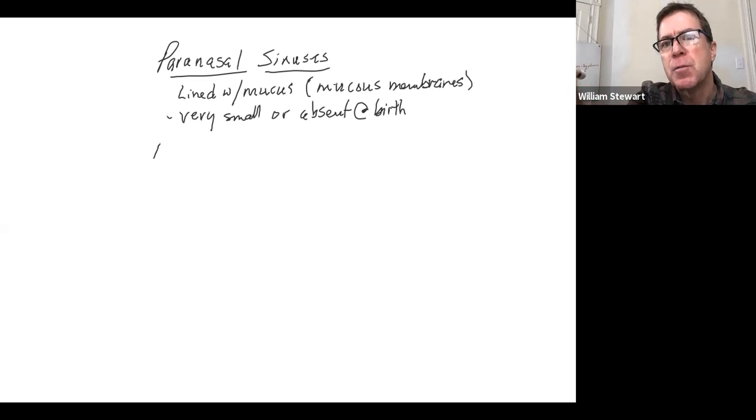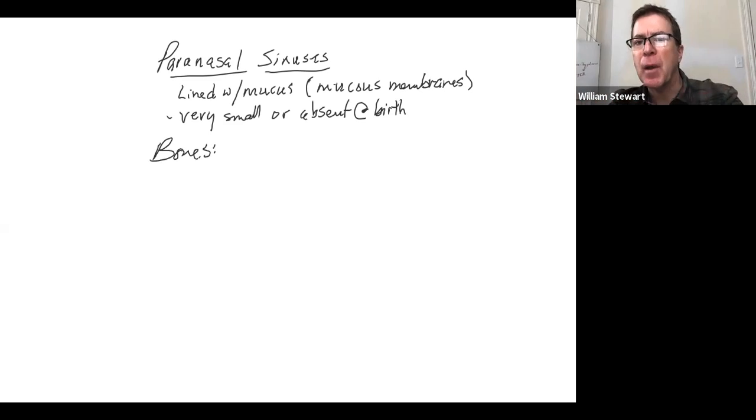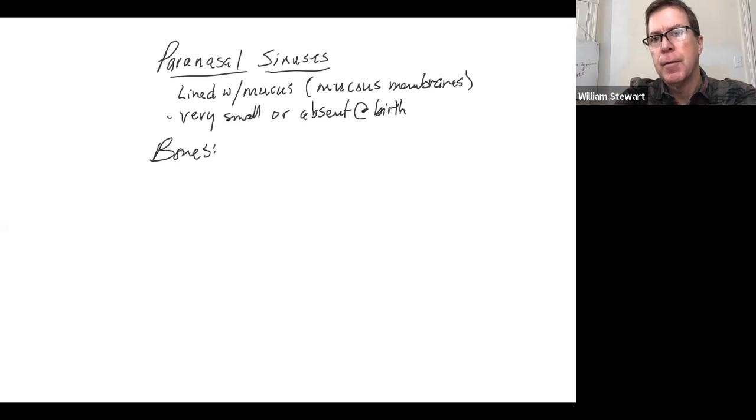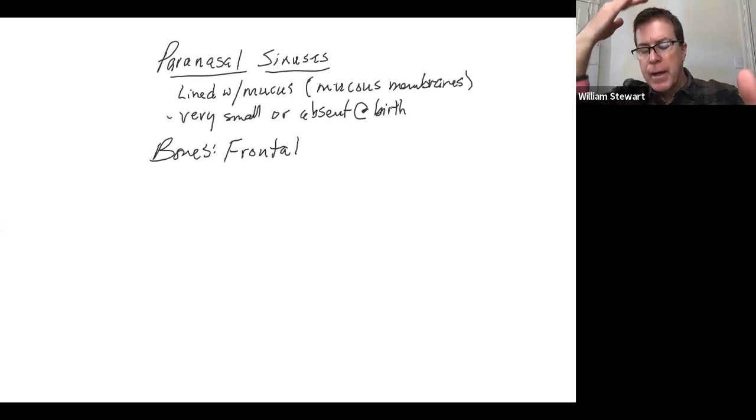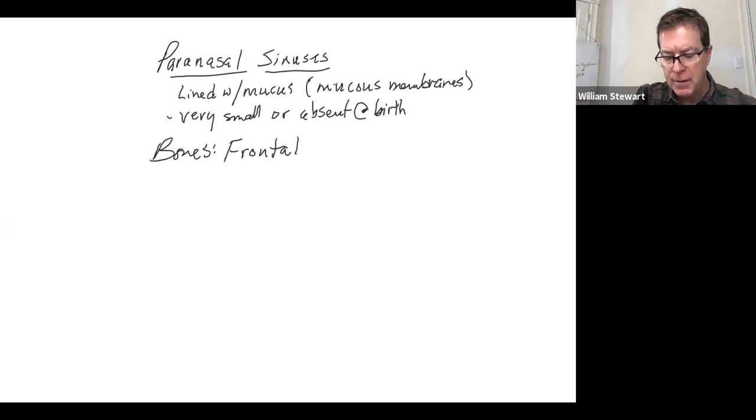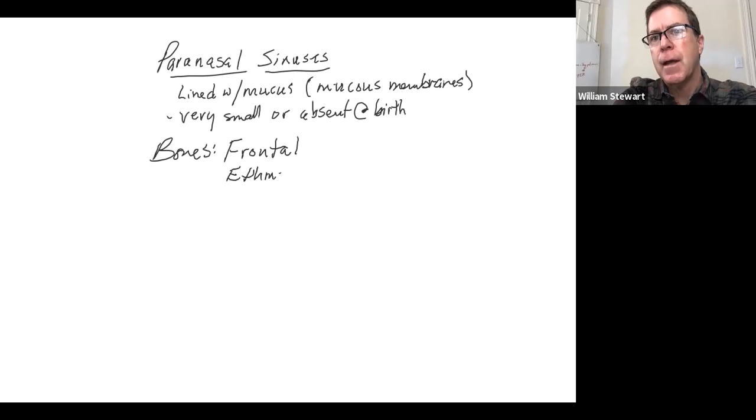These are the bones, I'm just going to give you a laundry list of the specific bones that contain these paranasal sinuses. The frontal bone, which, just to remind you, that's the forehead and it goes up past the hairline. The ethmoid, that's that honeycomb-shaped weird bone right in the center of the skull, sort of behind the nasal opening.